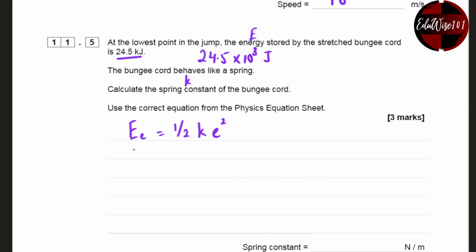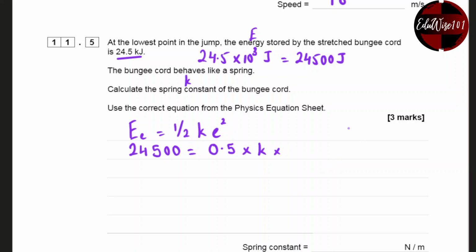So 24,500 joules is the elastic potential energy. So this is 24,500 joules equals 0.5. Let's convert the half to 0.5 multiplied by the spring constant, which is what I'm trying to find, and the extension squared.